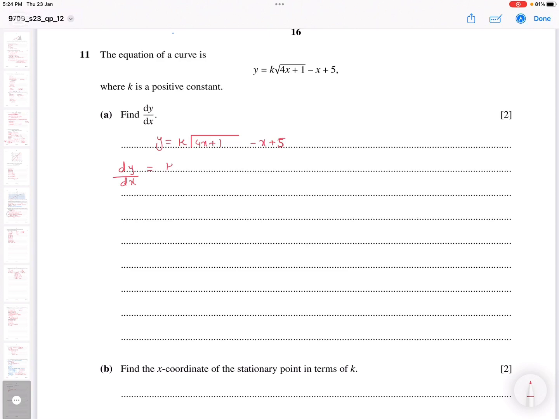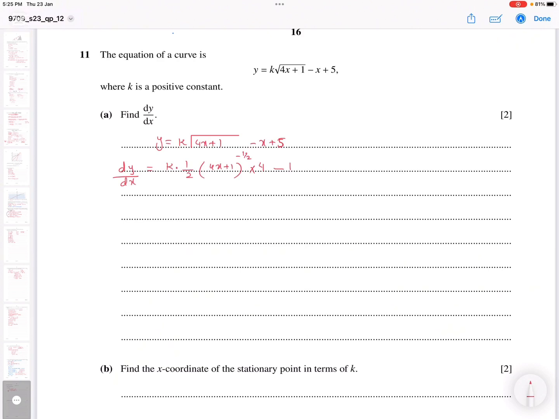k times 1 over 2 (4x plus 1) whole power minus 1 over 2, into the differentiation of 4x, which is 4, and then minus 1, which is the differentiation of minus x. The differentiation of 5 is 0, as it is a constant.